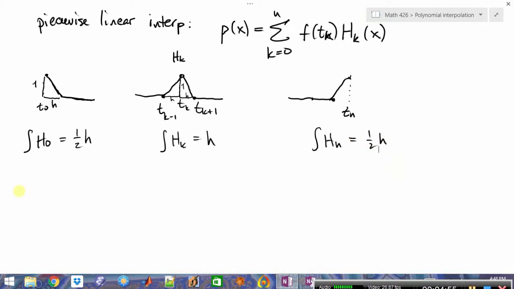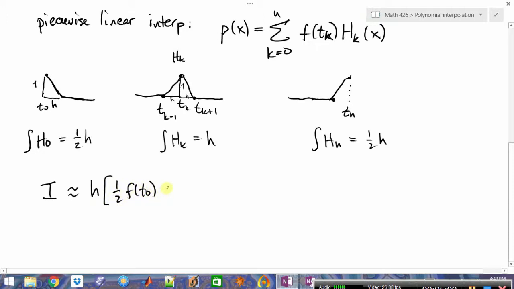So you put it all together, and you find that I is estimated by h times 1/2 times the first function value plus the next one plus and so on, 1 times the next to last one plus 1/2 times the last one.